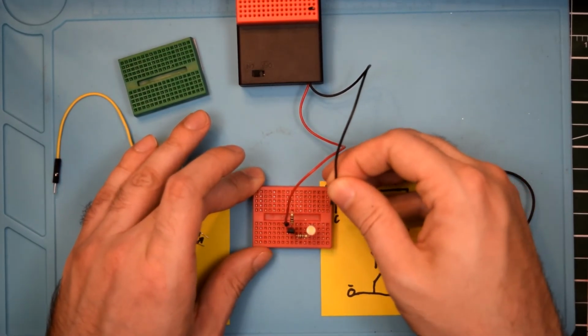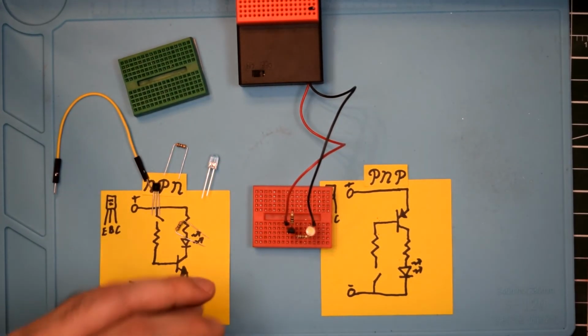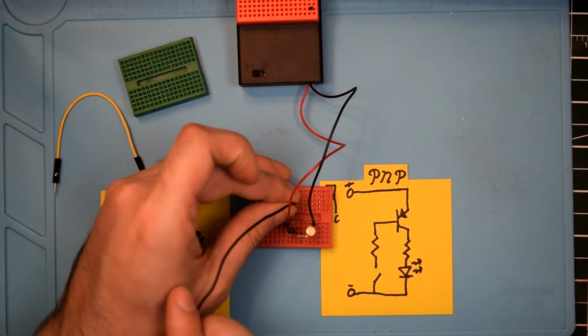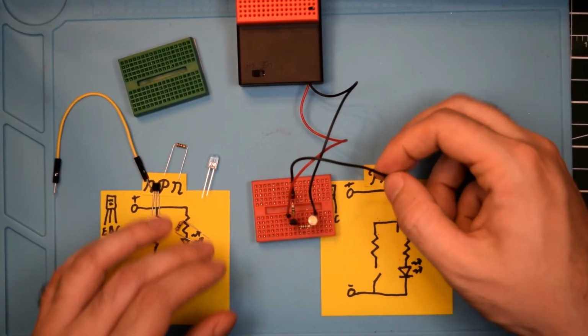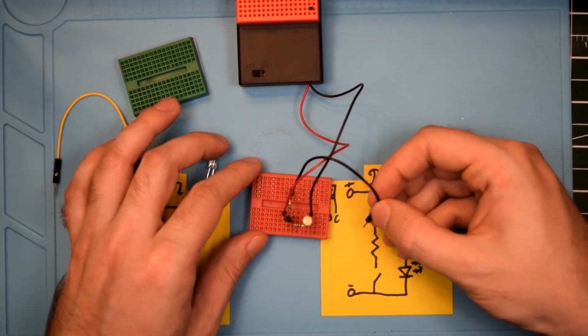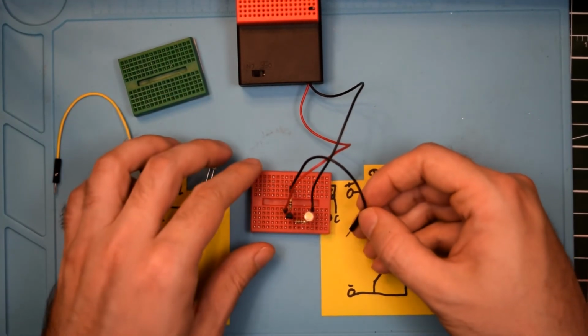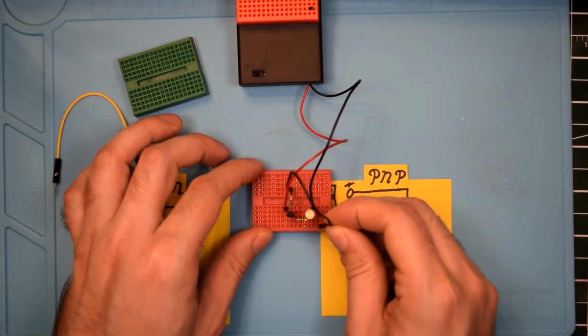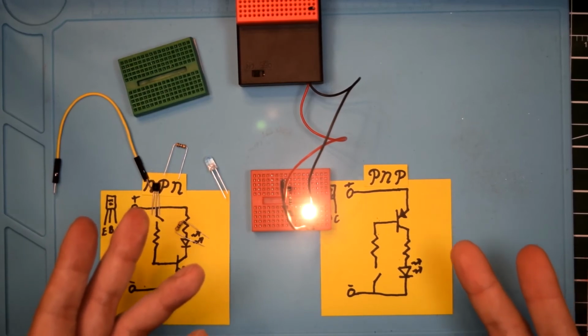But anyway, we're going to take our negative and put it at the bottom of the LED here. And then we'll take the base and we'll put a little jumper wire here. Now, if I did everything correct, we're going to want to pull the base negative for the PNP transistor. So I'm just going to take it over here, connect it to this negative rail, and the LED pops on.